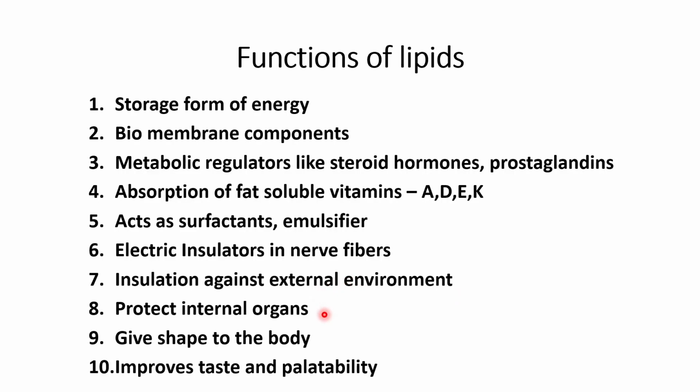We have white adipose tissue and brown adipose tissue; especially in newborns, adipose tissue helps to generate heat. It protects us against the external environment. Also, we have visceral fat, so lipids surround the internal organs and protect them.